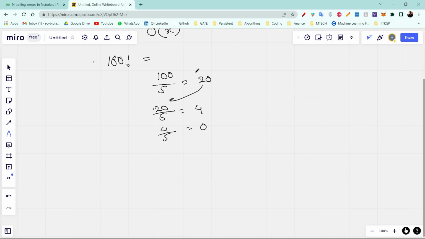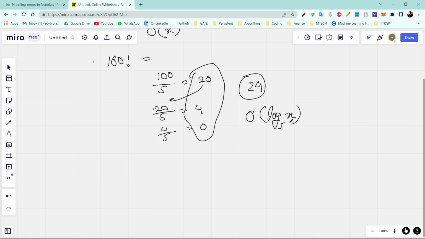So how many zeros we have in 100 factorial, you will get by adding these all. So 20 and 4, that is 24. That many number of zeros we have. So we can find it out using log 5. That's the idea of finding number of trailing zeros for a given number x.